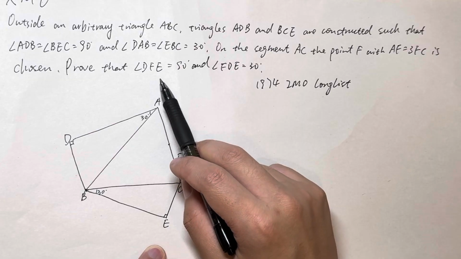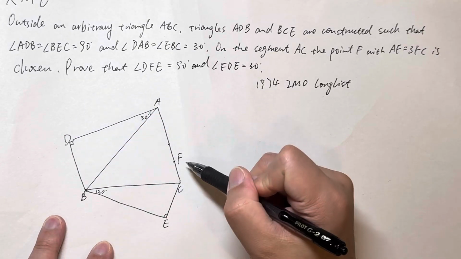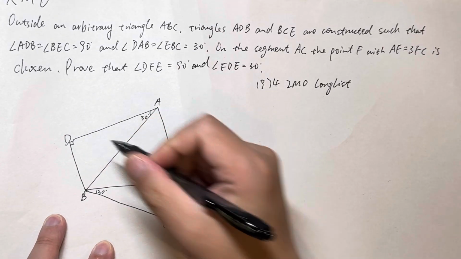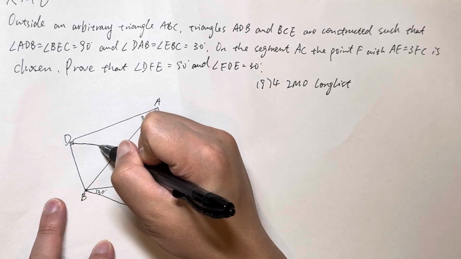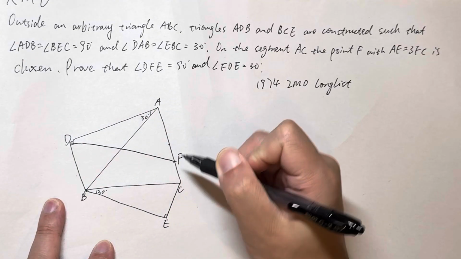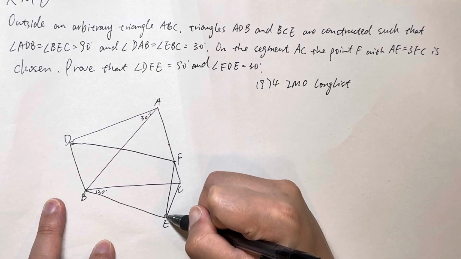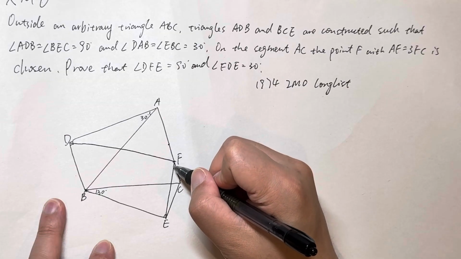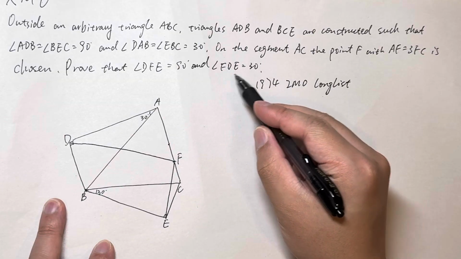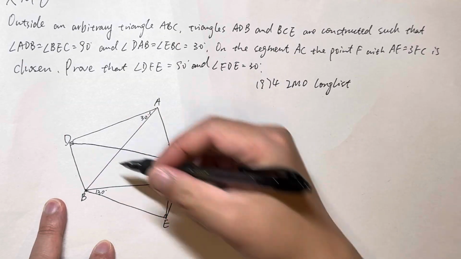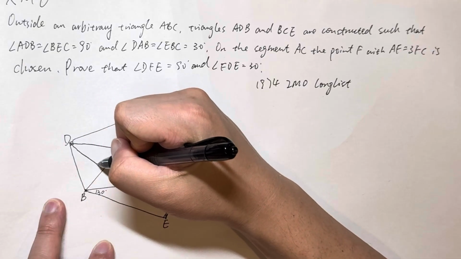Now we want to prove that angle DFE equals 90 degrees and angle FDE equals 30 degrees.